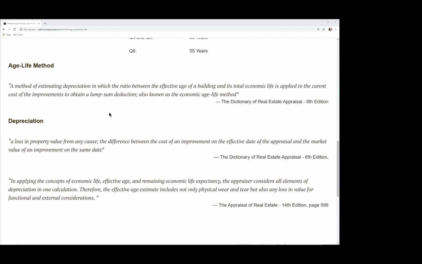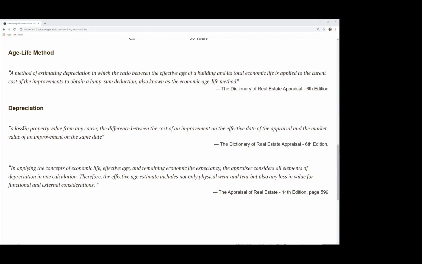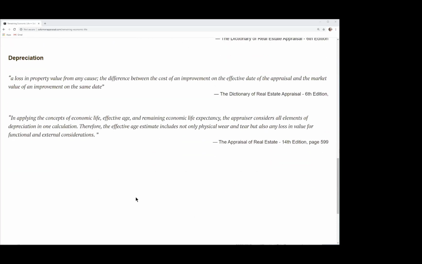And then just briefly, depreciation is a loss in property value from any cause, and it's the difference on a particular day, on the effective date, of what the market would pay for those improvements and what they would cost on the same date. So we're not looking at historical cost, we're looking at today's cost. And then this is a big one at the end here. This is on page 599 of the Appraisal of Real Estate.